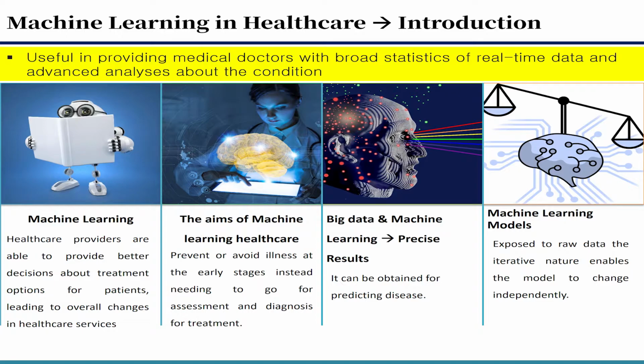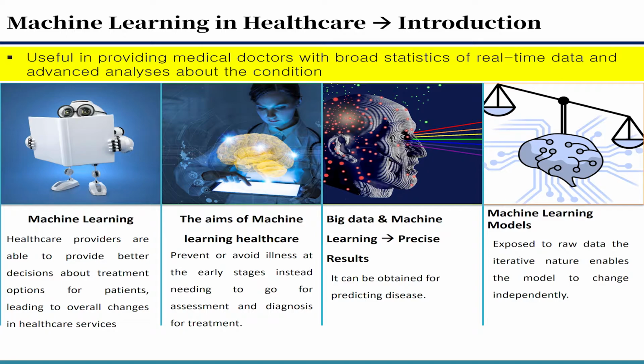So these machine learning models are exposed to raw data, which has no information, but they process that data and give more accurate answers, and the model can adapt or modify itself independently.